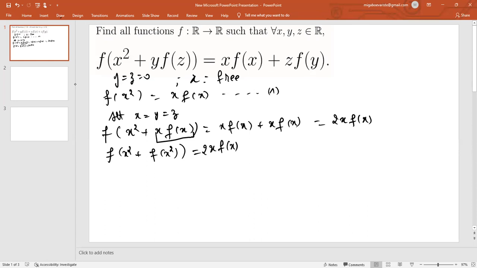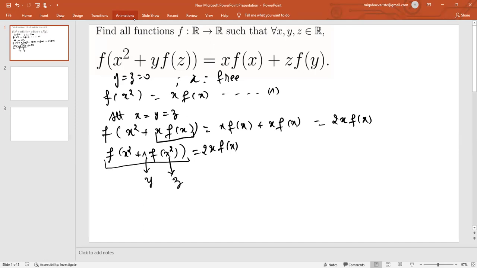Now, I'm going to observe that the left-hand side of this expression, I can relate it with the given one, f of x squared plus y times f of z, by setting z to be x squared, and I can observe that it's the same as 1 times f of x squared, so I can set y to be 1.